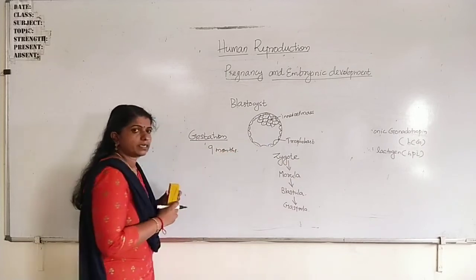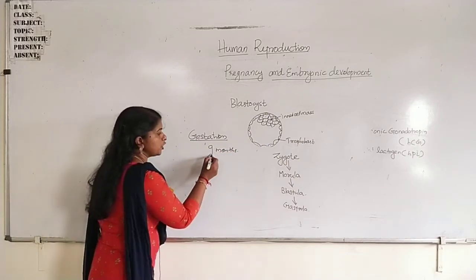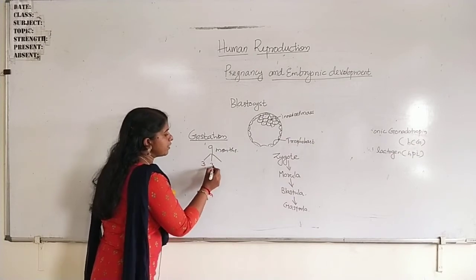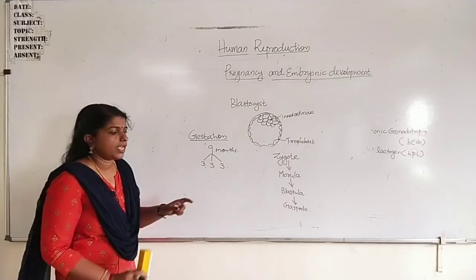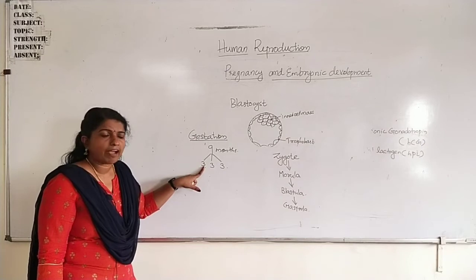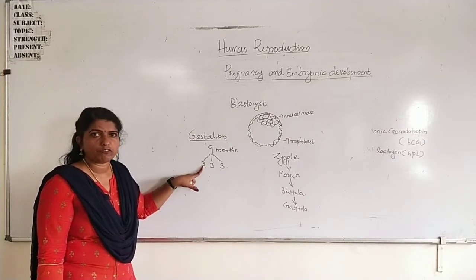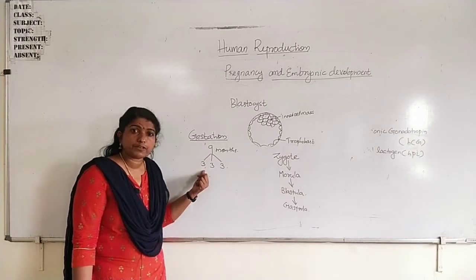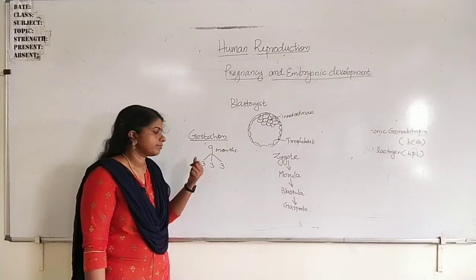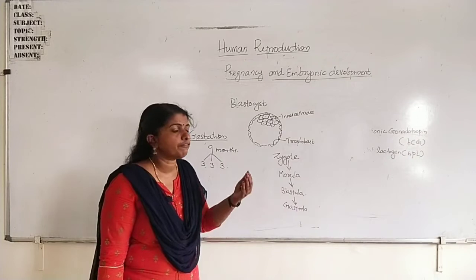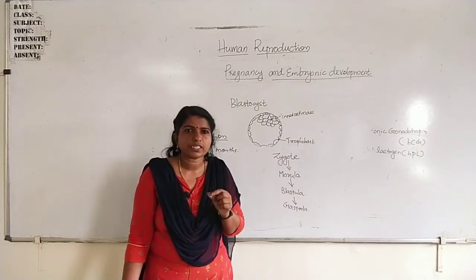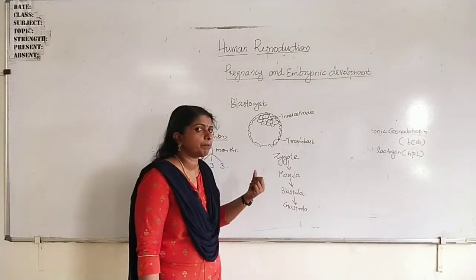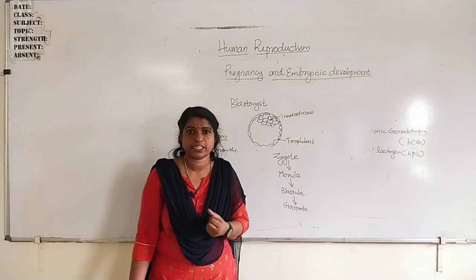So we can divide this 9 months into 3 trimesters. Each trimester has 3 months or 12 weeks. Just after the first month itself, the heart is formed in the fetus, so the first sign of the developing fetus can be noticed.